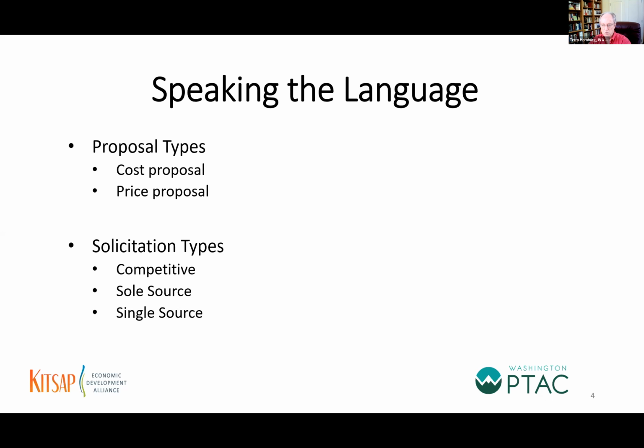A cost proposal is where you'll have to identify your direct costs, your indirect costs, your profit that you want, your taxes, insurance, and so on and so forth. It's a line item, and a lot of you probably already have software for putting a cost proposal together.